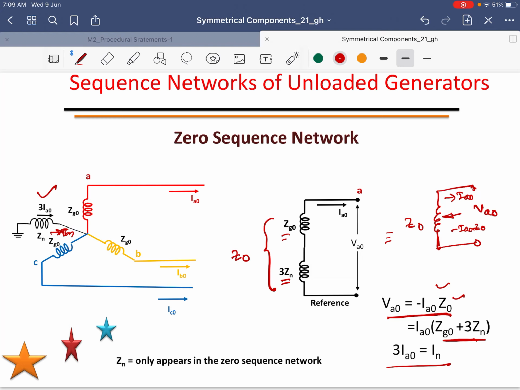The impedance Zn appears in the zero sequence network only, but you don't have this impedance in the negative and positive sequence networks. This is about the sequence networks of the unloaded generator.